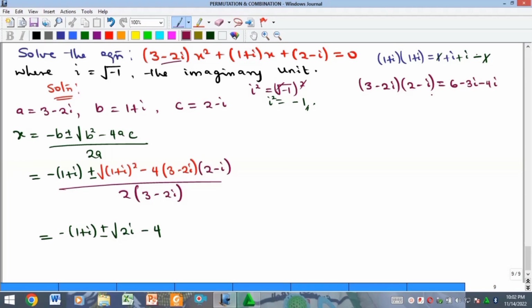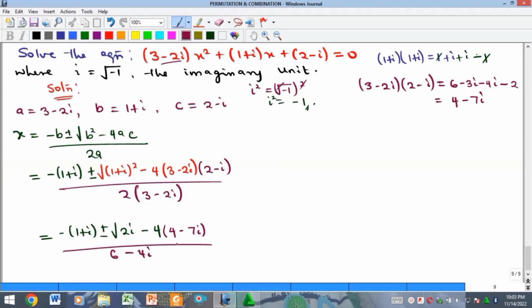And minus 2i times minus i gives us 2i squared, and i squared is minus 1, so minus 1 times 2 gives us minus 2. So 6 minus 2 is 4, and minus 3i minus 4i is minus 7i. So we have 4 times (4 minus 7i), and this is all over, if we open this bracket, 6 minus 4i.